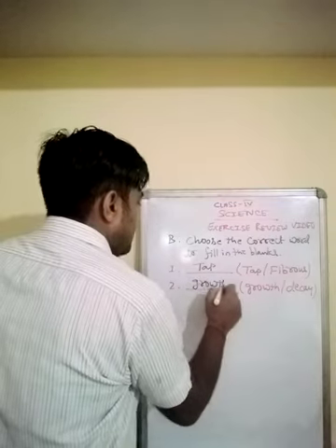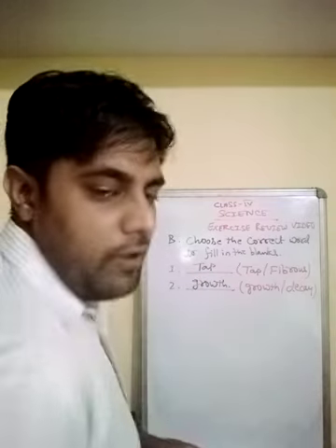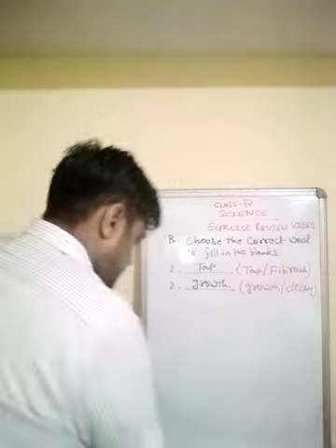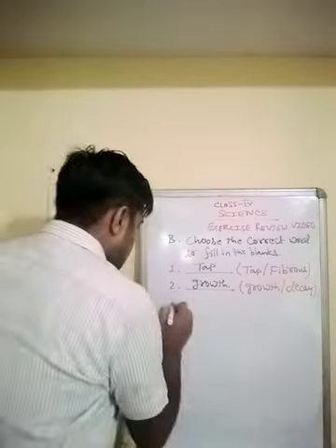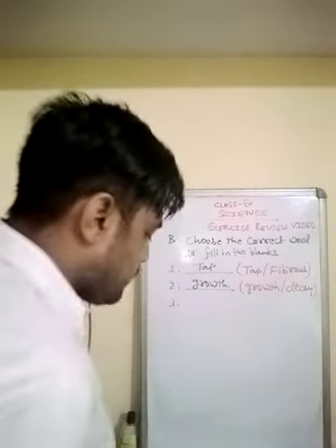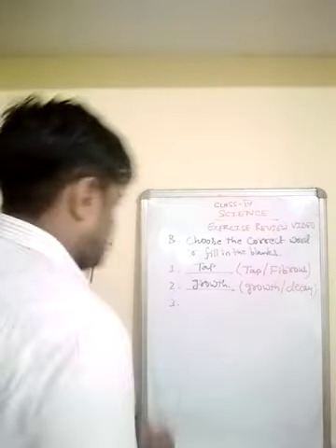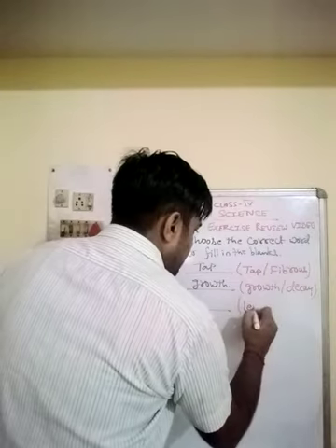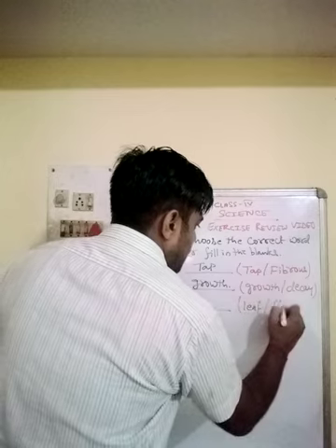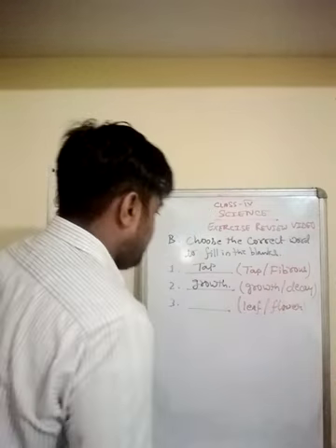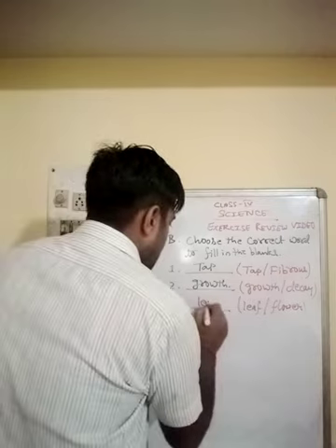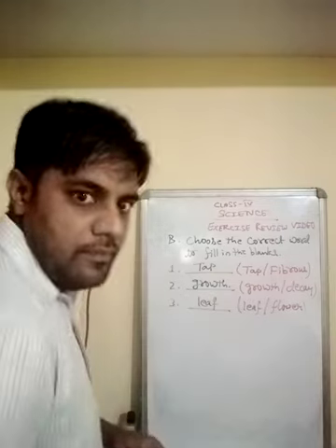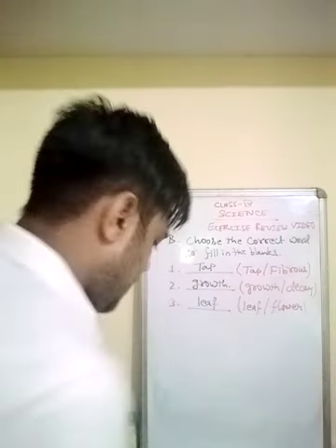A plant uses the food it prepares for its growth. Then comes number 3. Spinach stores food in its dash. Your options are leaf and flower. Your correct answer is leaf.